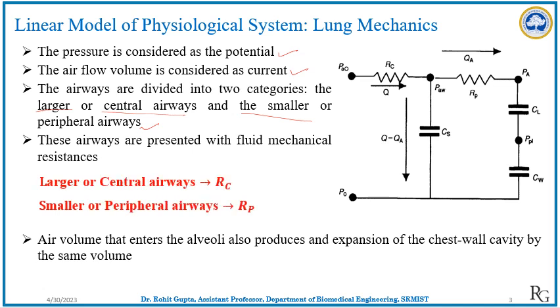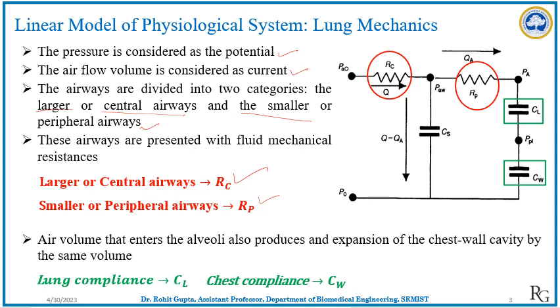For the larger or central airways, we consider this resistance as Rc, and for the smaller or peripheral airways, we consider that resistance as Rp. The air volume that enters the alveoli also produces an expansion of the chest wall cavity by the same volume. So these are the resistances.